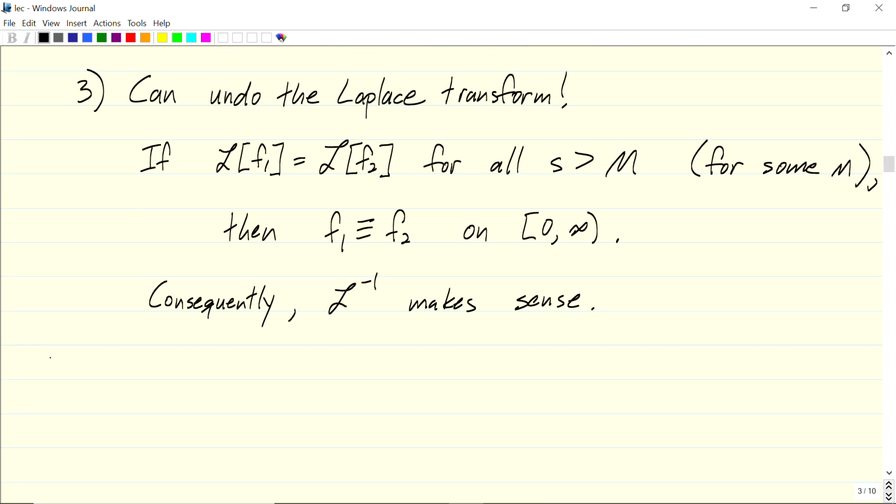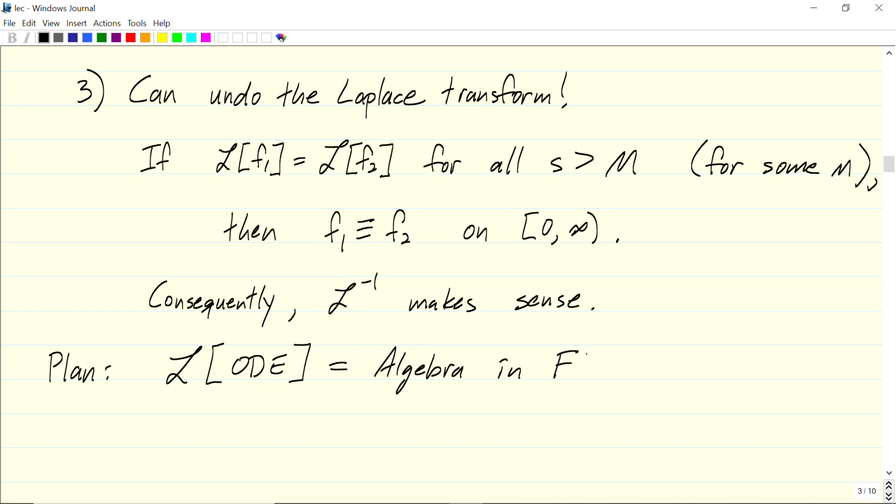So the plan, to show you the utility of this thing: the Laplace transform of a linear ODE equals an algebraic equation in the s variable.